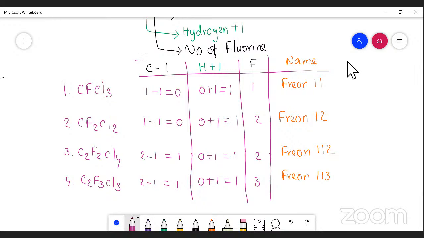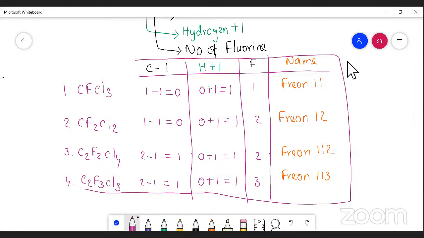While we are naming the freon, we take the count of carbon minus 1 and hydrogen plus 1, and the number of fluorine as it is. So that is the name of the freon.